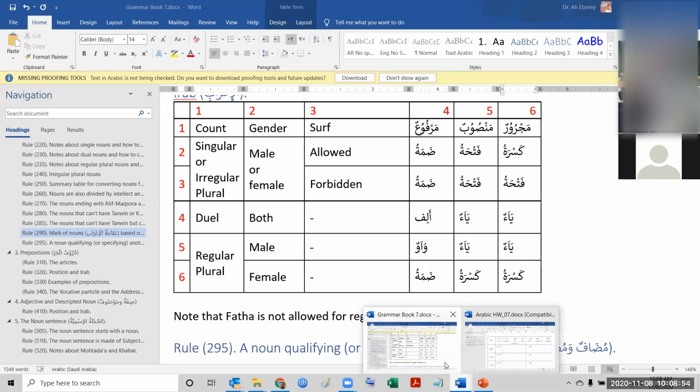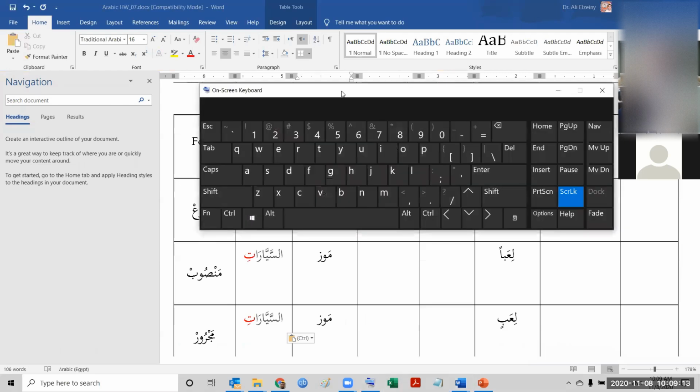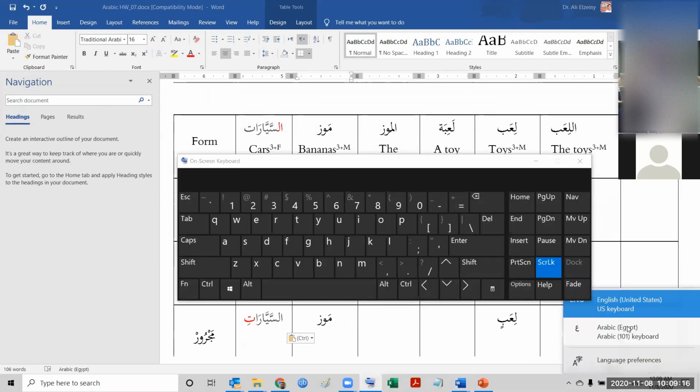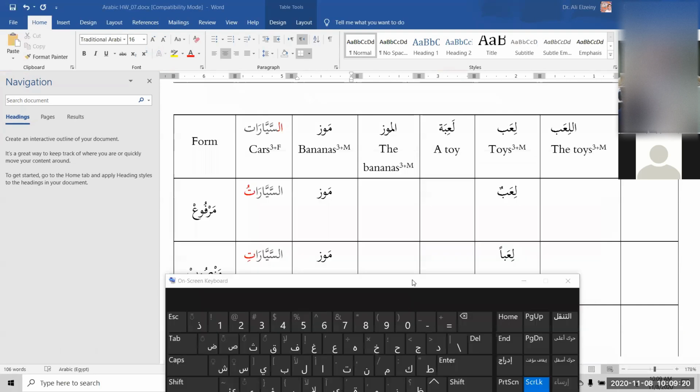Knowing this information, go back to my homework and I would say, okay, just copy those. Then, مرفوع is ضمة, so I click here and convert this into Arabic keyboard.